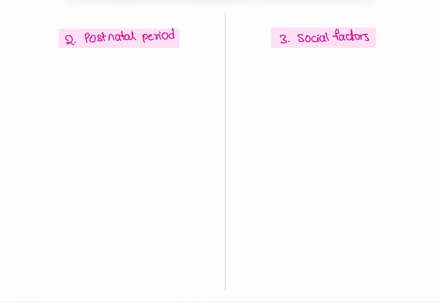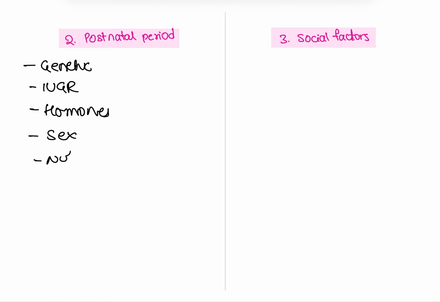In postnatal period, the factors affecting are genetic, intrauterine growth retardation, hormones, sex, nutrition, infections, and trauma. Genetic. Some genetic disorders result in short stature like Down syndrome and Turner syndrome. Some genetic disorders result in tall stature like Klinefelter syndrome.